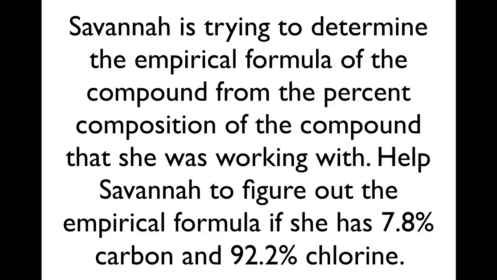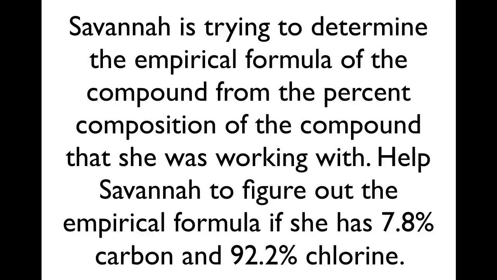So I'm going to go 7.8 divided by 12, which gives me 0.65. Then I'm going to deal with the chlorine. I'm going to go 92.2 divided by the mass of chlorine, which is 35.5, which gives me 2.597 or 2.60.